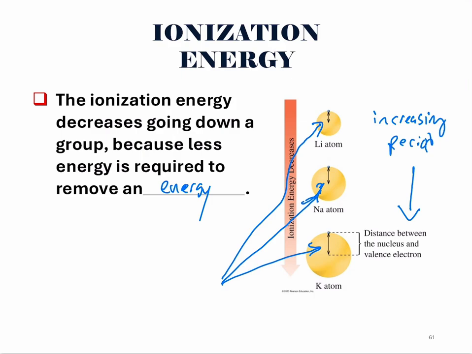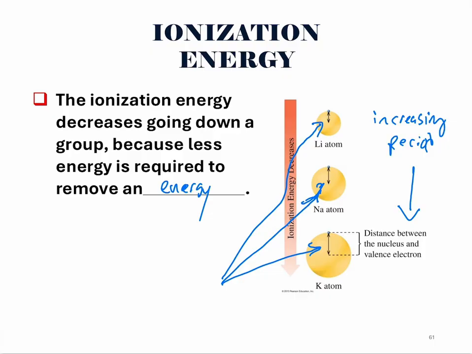Ionizing, again, refers to the outermost electrons that we're kicking off. As we go down periods, what happens to the atoms? What was the previous thing that we talked about? Yeah, the principal energy level goes up, which means what happens to the size of the atom? It gets bigger, and that means that electron is farther from the nucleus. The electron's negatively charged, so it's attracted to the positive charge of the nucleus.